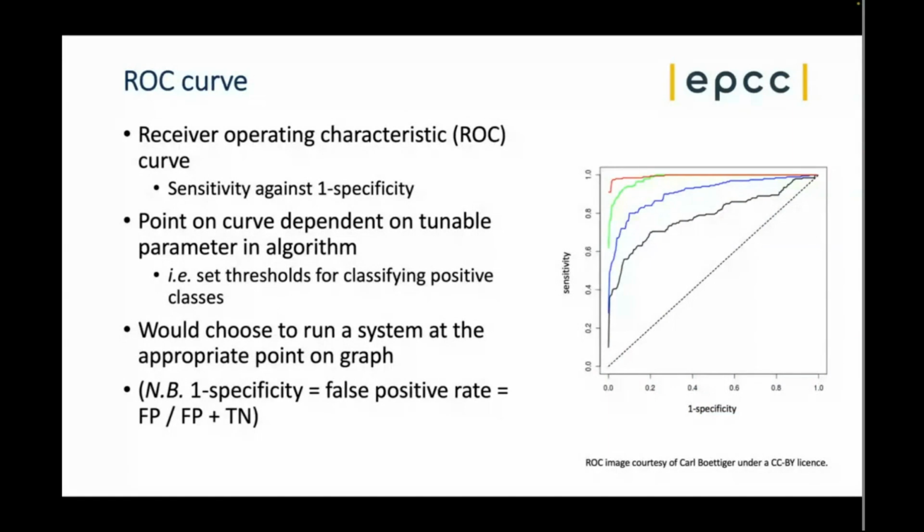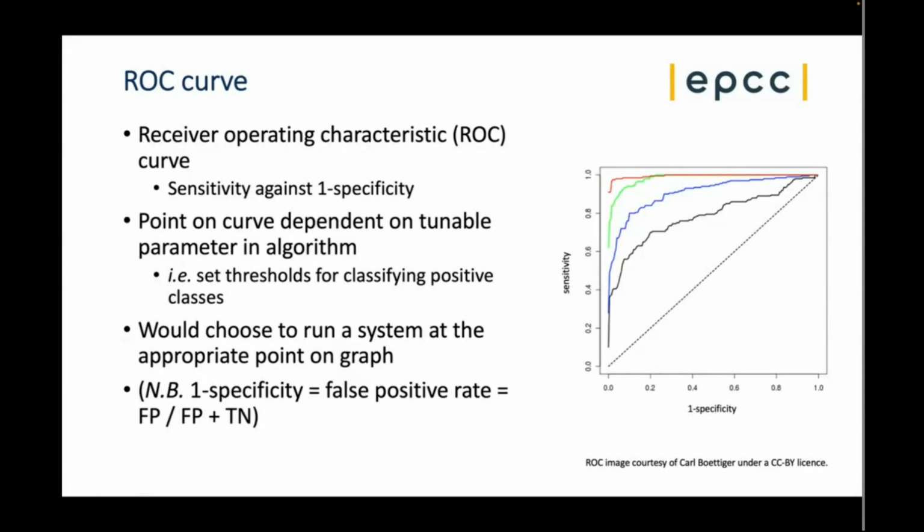Another thing that people sometimes look at in terms of defining what makes a good prediction overall is to plot something called the receiver operating characteristic curve, or the ROC curve. This is just a plot of sensitivity against specificity.